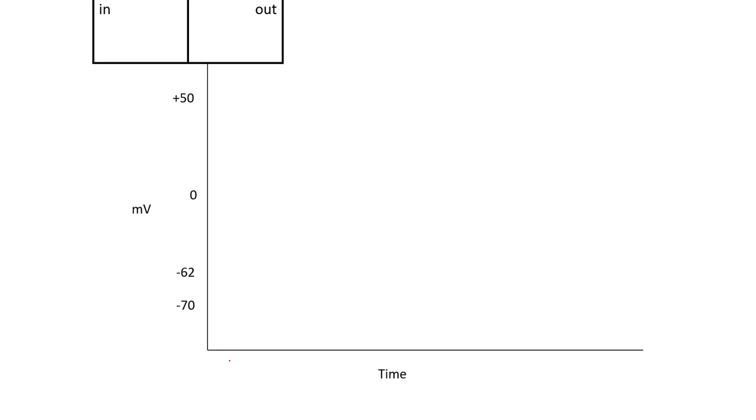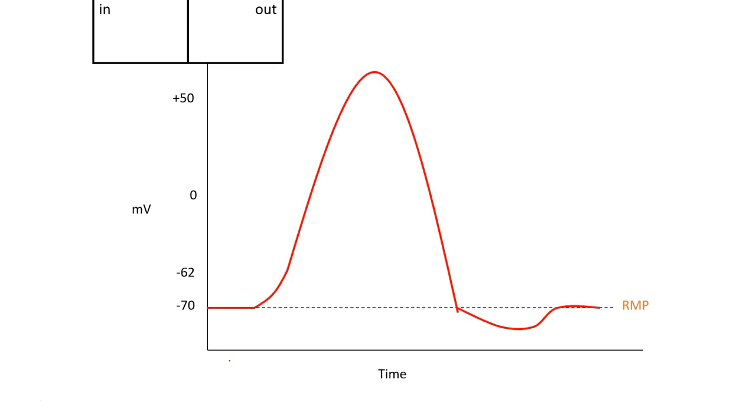So let's take a look at what's happening to the inside and outside of the cell on that graph, right? We talked about the movement of these ions across the membrane during an action potential. Let's apply it to that graph of the action potential I showed you earlier. So we have a resting membrane potential here represented by RMP.